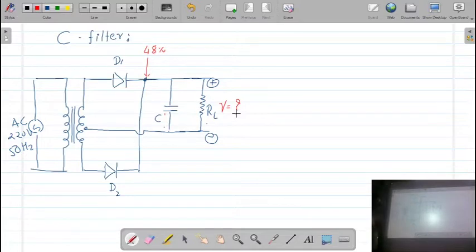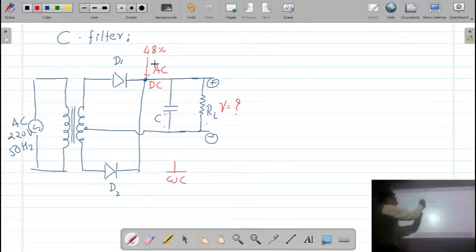Now, ripple factor is the ratio of the AC component to the DC component. In the output voltage present here, we have the AC component as well as the DC component. In the previous lecture, I already mentioned that the reactance of the capacitor is given by 1 upon omega C, where omega is the frequency.